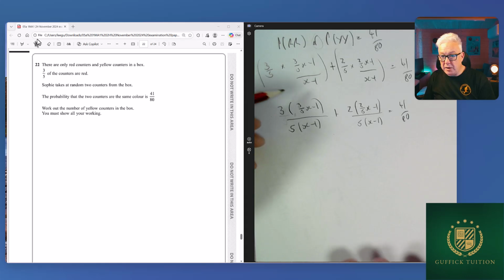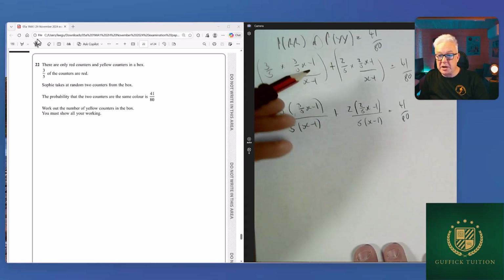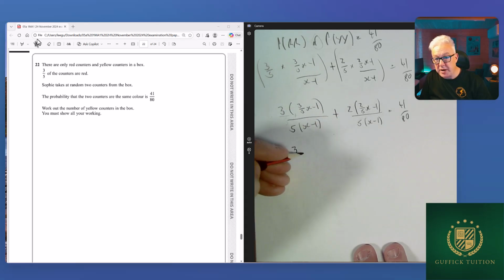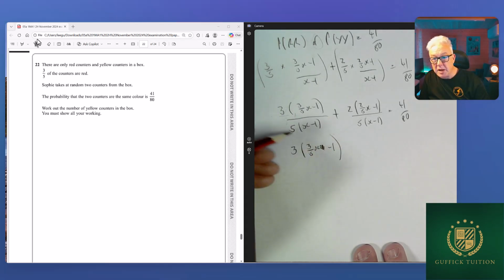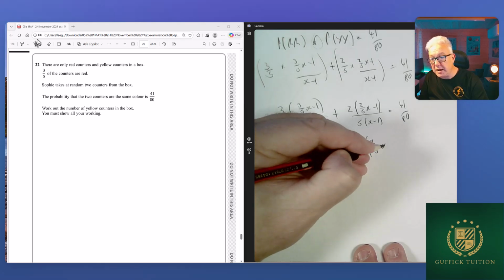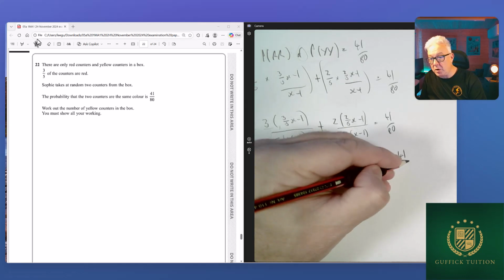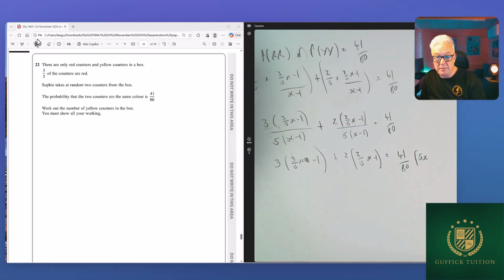Okay, so let's now times both sides of the fraction by 5x minus 1 because we've got a common denominator here, so we can do that. So we're going to have 3 open bracket 3 over 5x minus 1, minus, whoops, make sure it's minus 1, plus 2 times by 2 over 5x minus 1 equals 41 over 80 times by 5x minus 5.